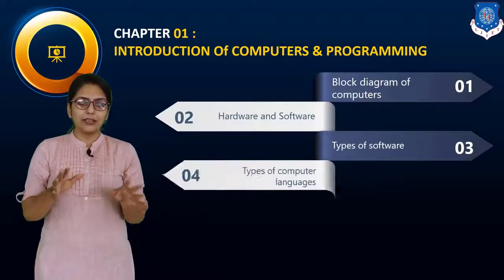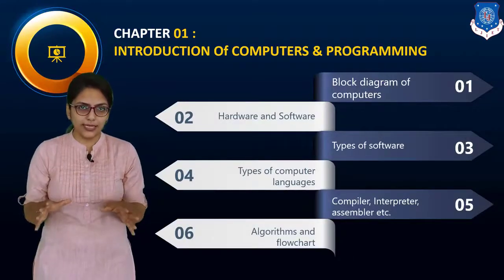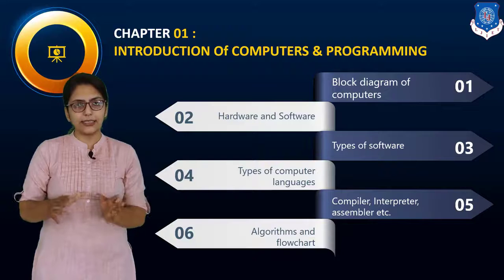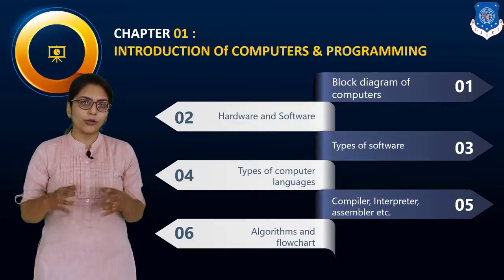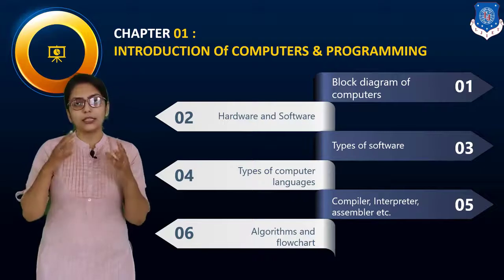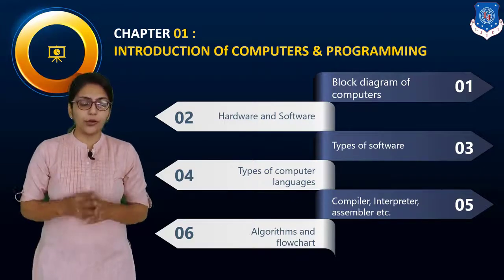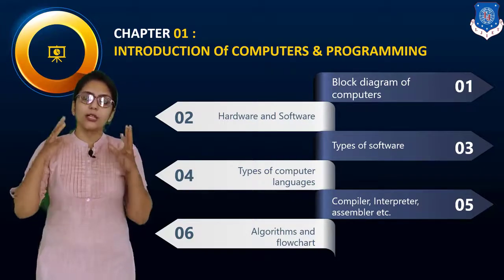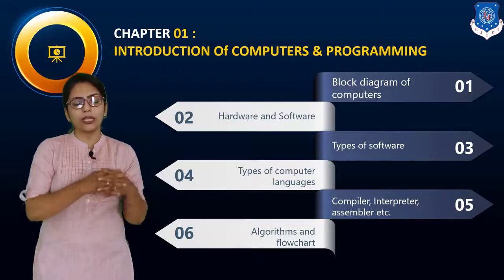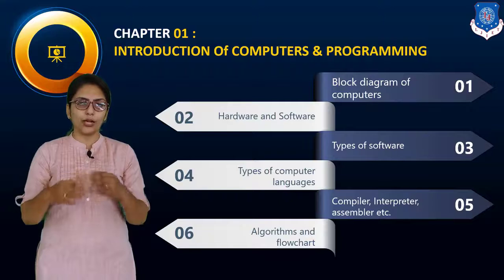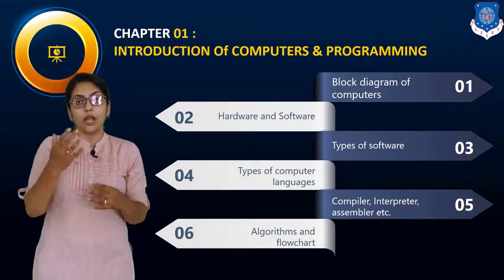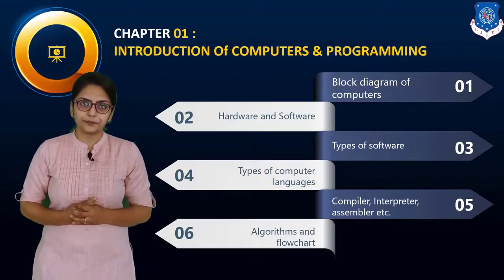Some of you might be aware of these things because we have already studied this from primary to high school. We are going to get some knowledge about the block diagram of computers, the components of a computer, all the input devices, output devices and all that. We are just going to recap that. I don't want to say that you are going to gain new knowledge, but you can just recap that.